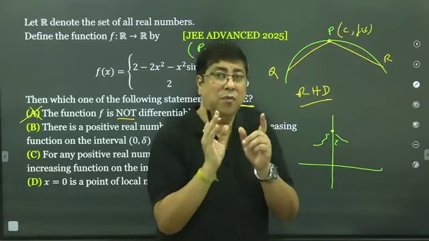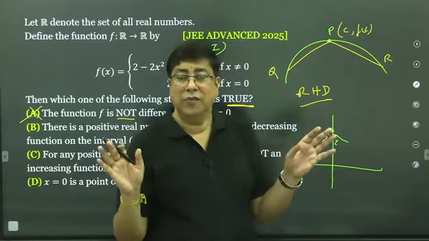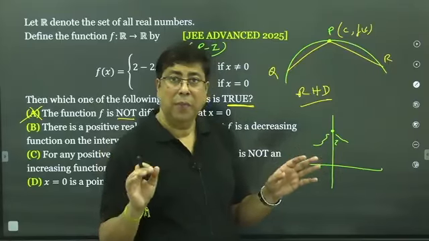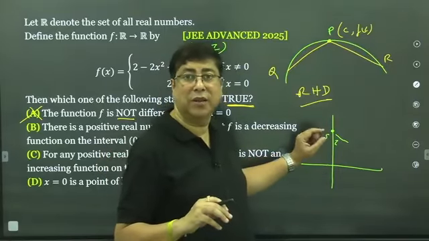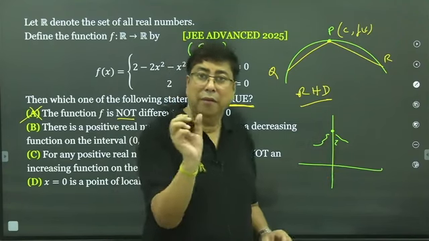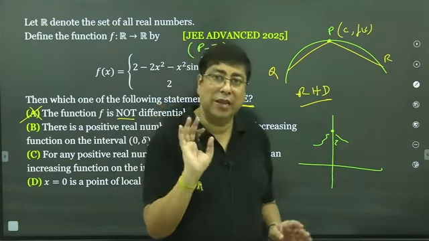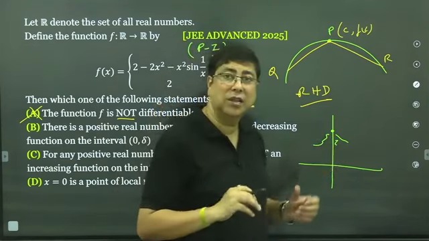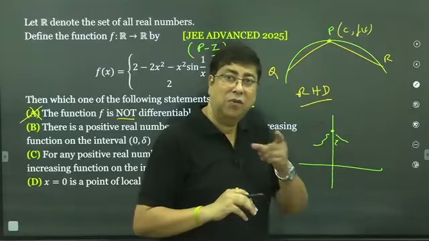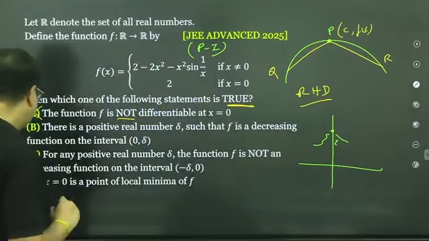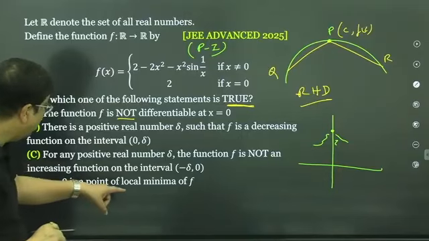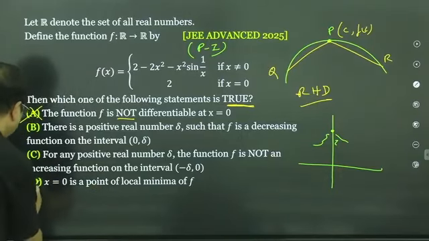So remember one thing, for maxima minima, continuity and differentiability are not important. We have to see whether the function has the maximum height for maxima, or the minimum height for minima, than its neighborhood points. That is the question, and it is absolutely satisfied. So at x equal to 0 the function is maximum. Therefore, what has been given, x equal to 0 is a point of local minima, is a wrong answer.